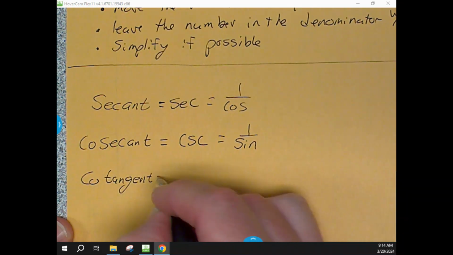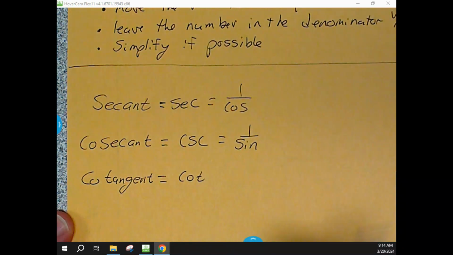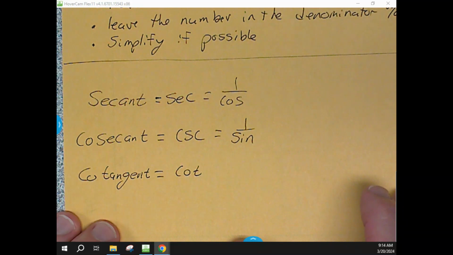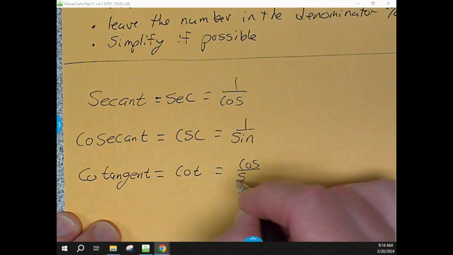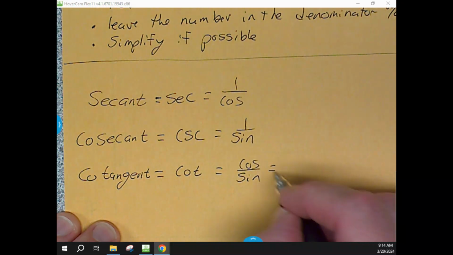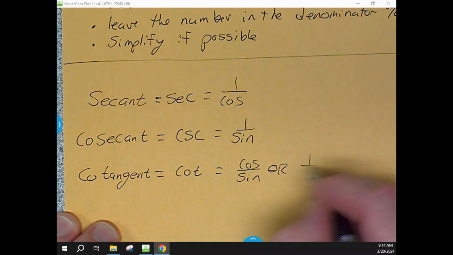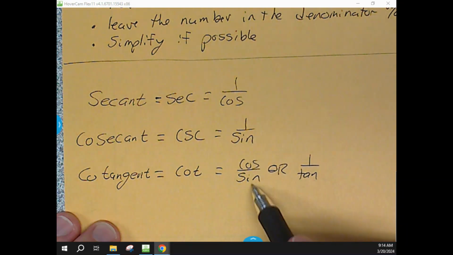And then cotangent on the front, that's the one that is COT. This one, you actually have two different things you can do for this one. For cotangent, you can do cosine over sine, or you can do 1 over tangent, either way. Because again, tangent is sine over cosine. So if you flip this thing upside down, you can get this one.